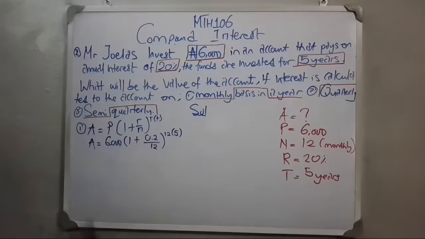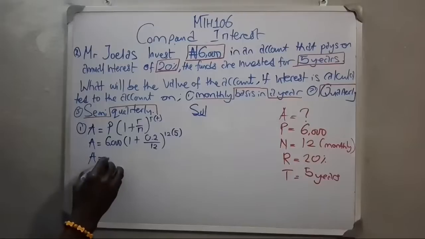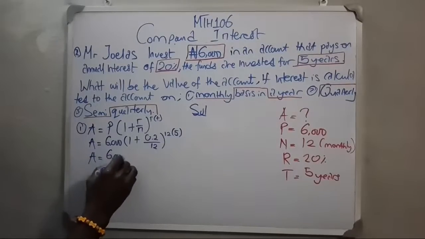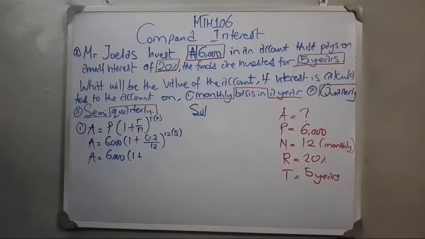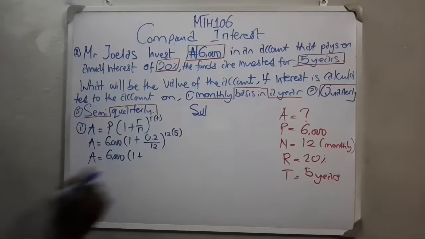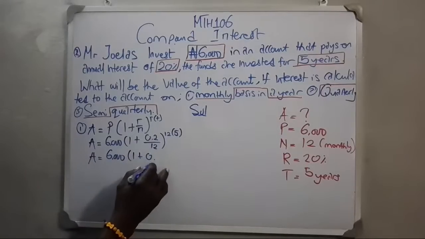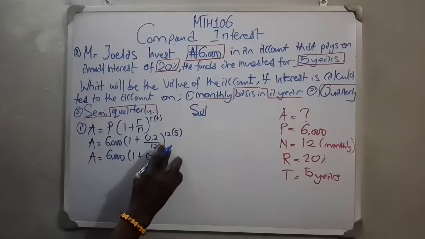All right, so we have A equals 6,000, 1 plus 0.2 divided by 12. Awesome, thank you for that, Miss Titi. 0.2 divided by 12 is 0.016.